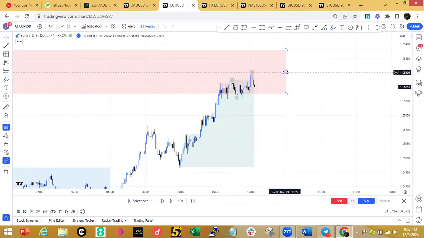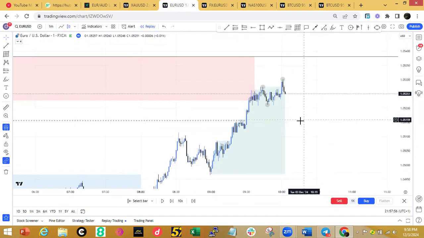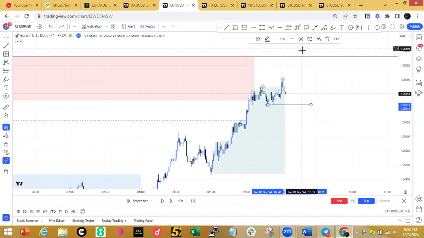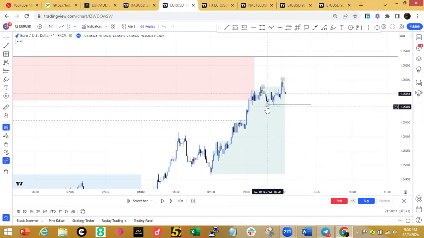So this is a higher high, higher low, higher high. I want to see this level broken. That will be my market structure shift, because at that point, a lower high might be formed.